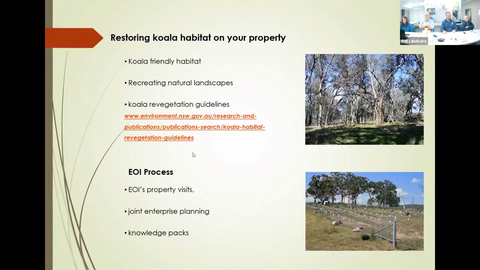Secondly, we want to recreate some of the natural landscapes we have in our area, such as recreating our natural box gum grassy woodlands, meaning that trees are spaced a little further apart than a typical windbreak. Canopy trees being spaced 7 to 10 metres apart and shrubs 3 to 4 metres apart.